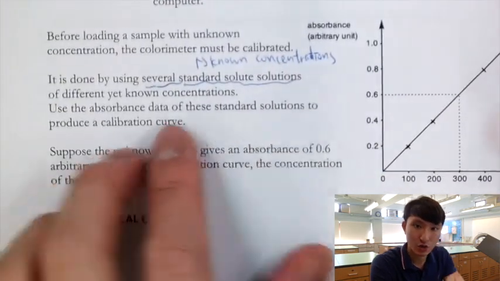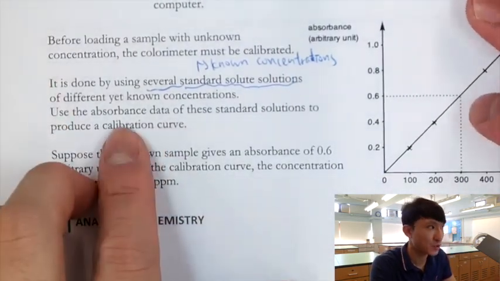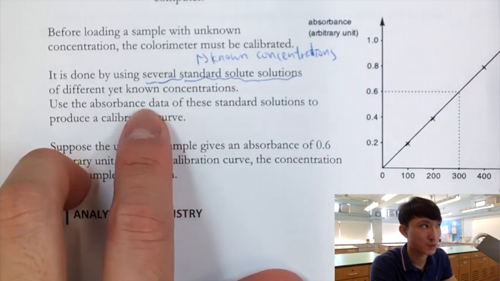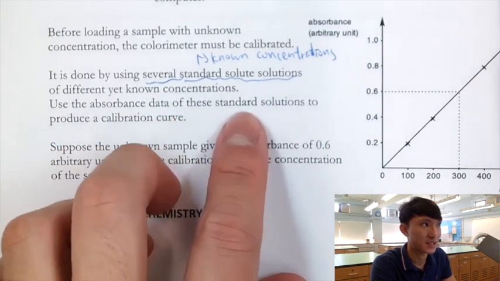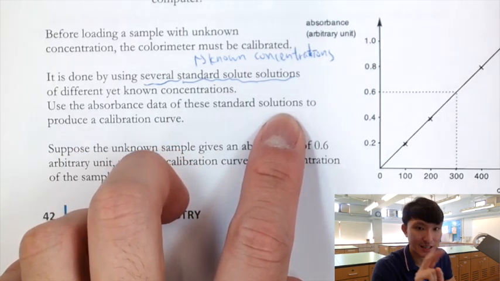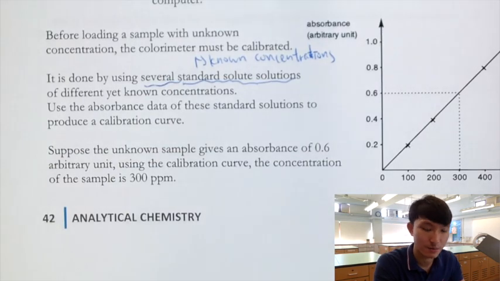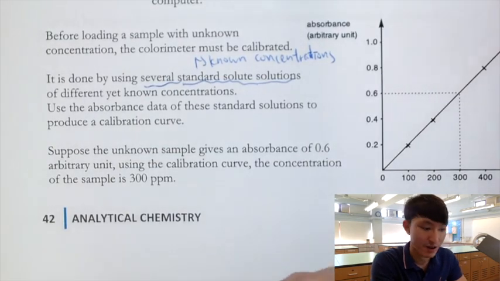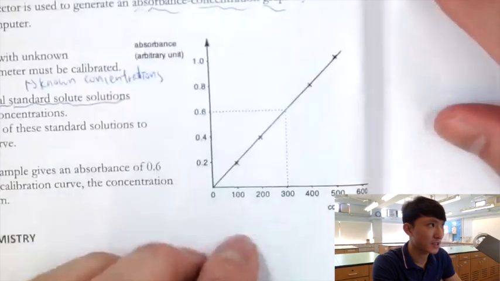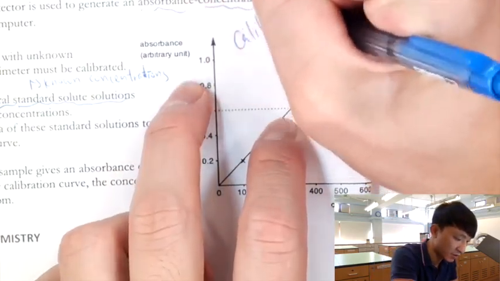And then you load it into the colorimeter, and you find the absorbance data from these standard solutions. And you need to use at least two, because to create a straight line you need at least 2 data points. But of course the more the merrier. So this is a calibration curve.